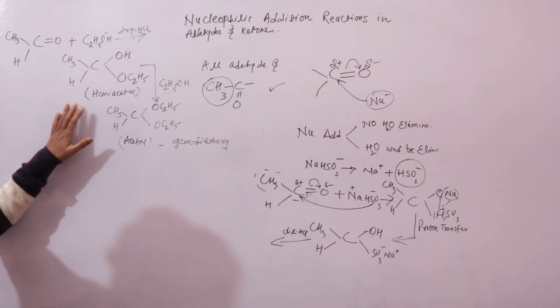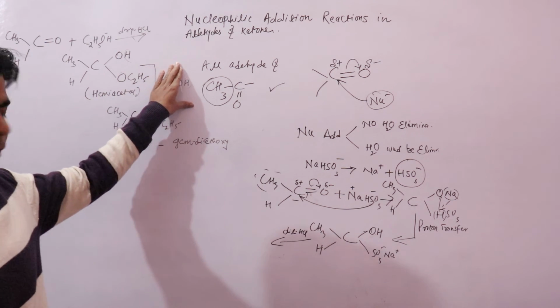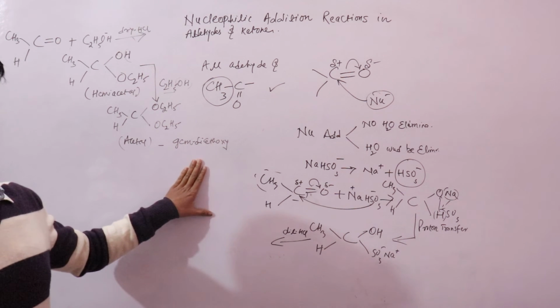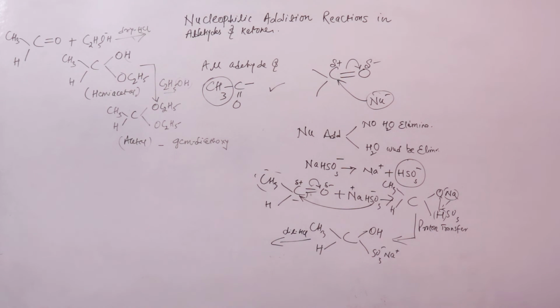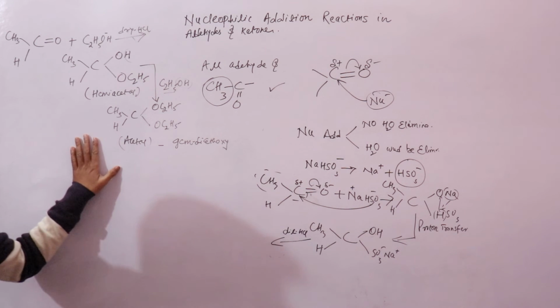So just notice here that two molecules of alcohol will react with your aldehydes to give you gem dialkoxy compounds. As I said in the beginning, ketones will not undergo this reaction.